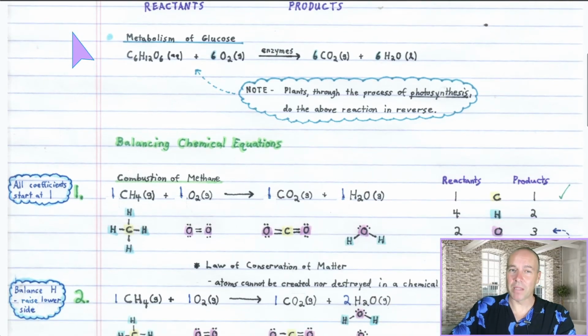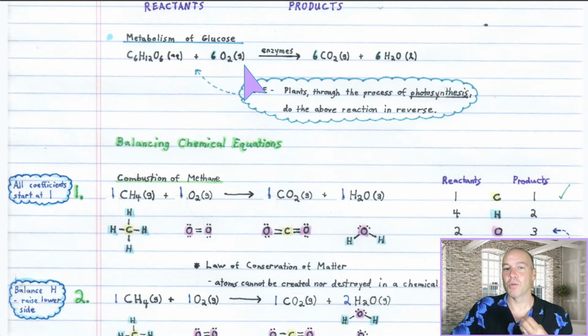But metabolism of glucose can be reversed actually with the help of plants. And what plants do is they take carbon dioxide in the air and water, which they receive from the rain, and they convert to form glucose and oxygen. So plants take air and water, and they convert that into glucose and oxygen.